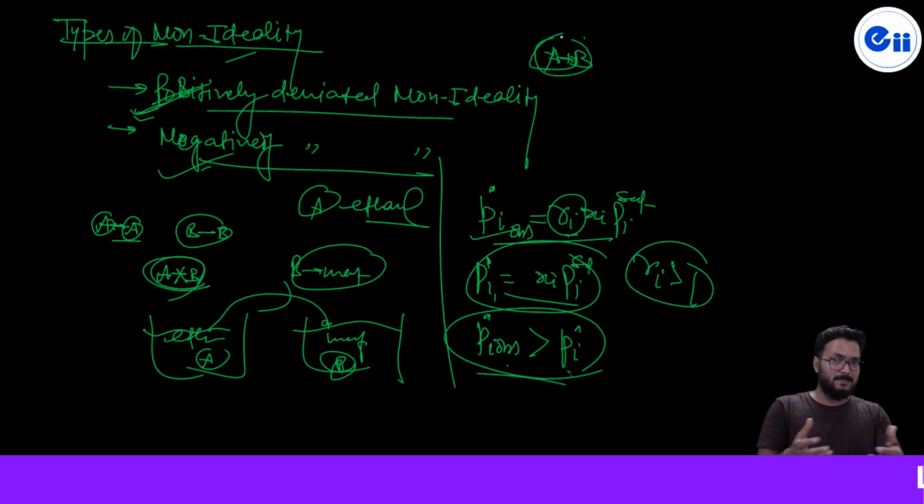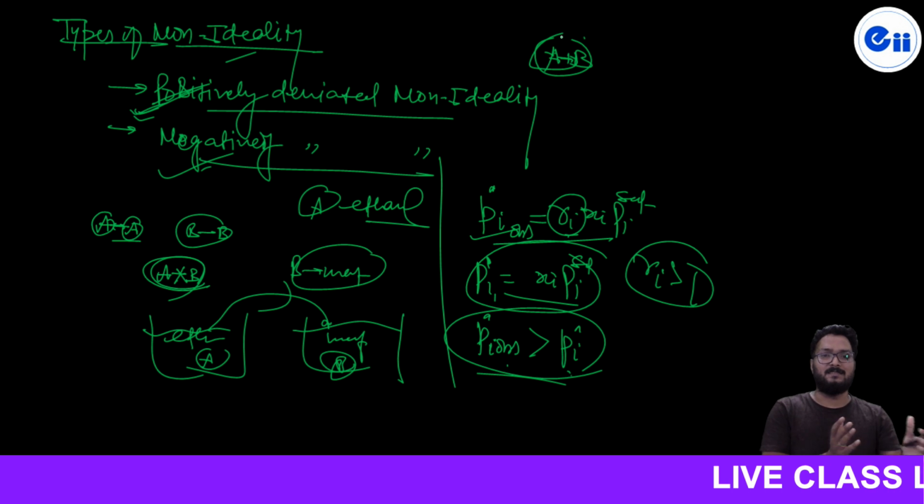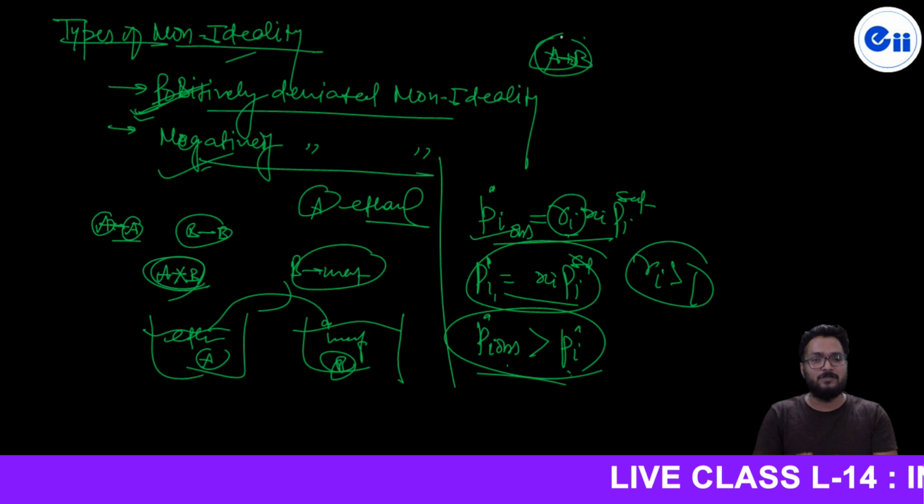In most cases A and B will repel each other, but there are a few circumstances where A and B can exist together.